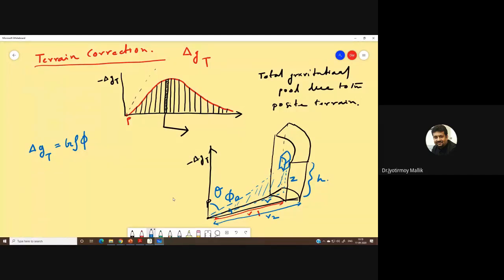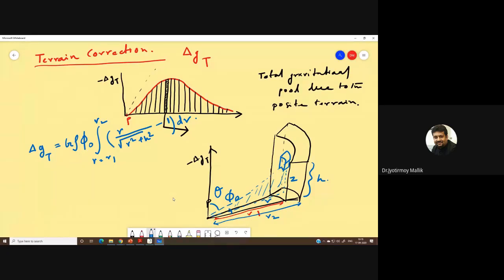Phi 0 integration r equals R1 to R2, r minus square plus h square minus 1 dr. Okay, that will be essentially the value of delta GT.